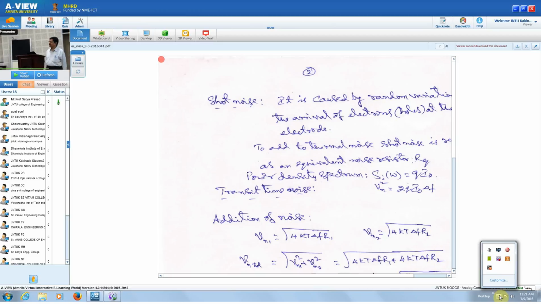And then we have said different noise sources are there, thermal noise and shot noise, and that shot noise is also in the form of an equivalent resistance. So how to add these noises? We say that these are all additive noises. If you have different sources and they add up, then we say this is additive noise.